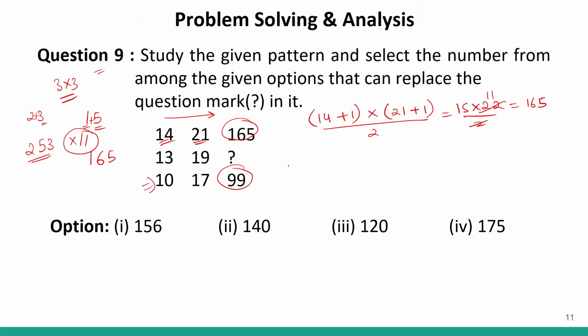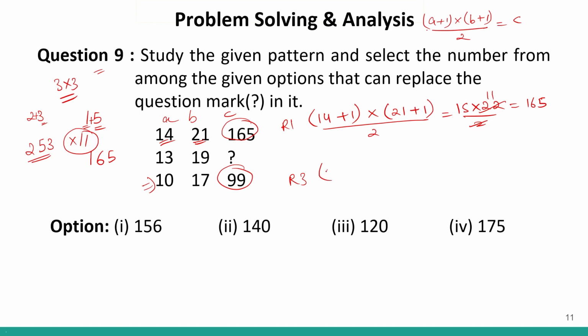Similarly, let us look over here. This is row number 3. This was row number 1 and this is row number 3. So what I did was, if this is A, B and C, I added 1 to my A and multiplied it by adding 1 to my B. Then I divided everything by 2 and I got my C. Now let us check if it is true for row 3 as well.